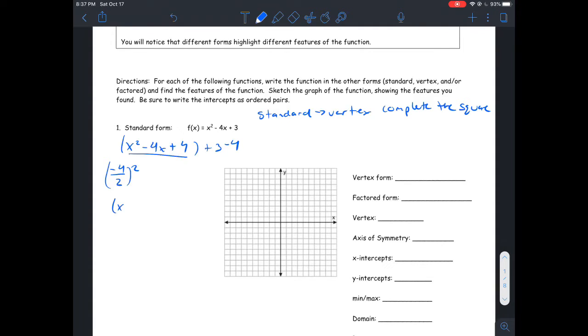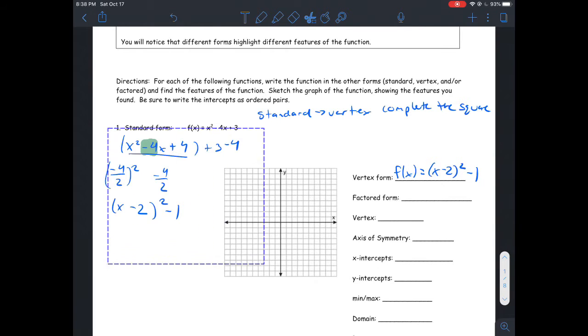So we're going to do x, and then you take your middle term and divide it by 2, which is going to give us a minus 2. You square it, then you combine like terms, which gives us a negative 1. So our vertex form of this parabola is going to be f of x equals x minus 2 squared minus 1.